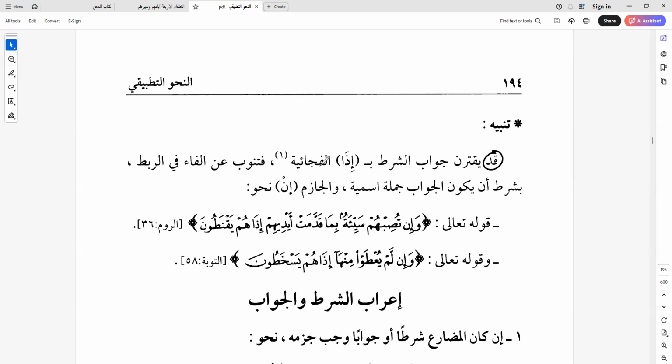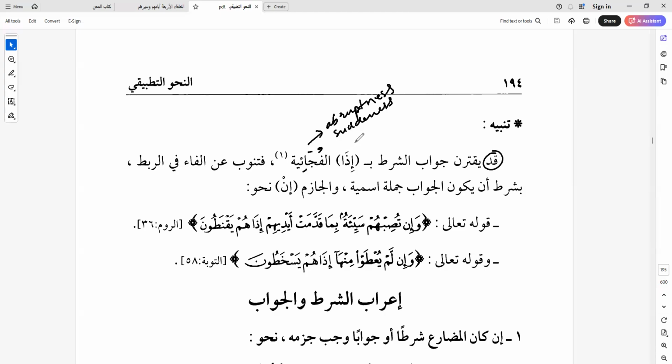And this idha is called fujaiya. When we say something is fujaiya, it is what we call abruptness. So we can say it's either abruptness or idha for suddenness. Something happened without you expecting it.